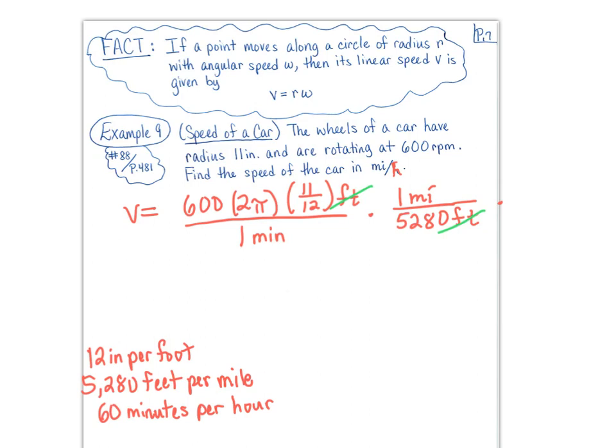Now we want to cancel the minutes, right? So what else do we need to multiply by? 60 minutes per hour, and that will cancel the minute.